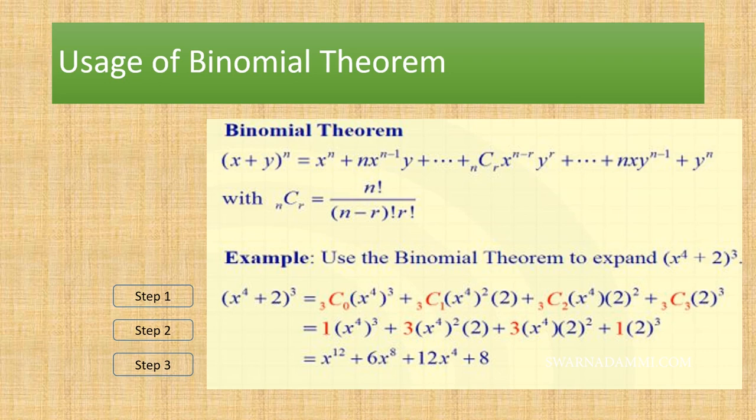The first term is 4^x. Keep it in mind: 4^x equals x, 2 equals y, and the power here is 3, so 3 equals n.